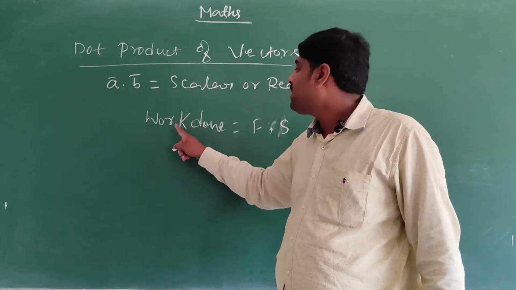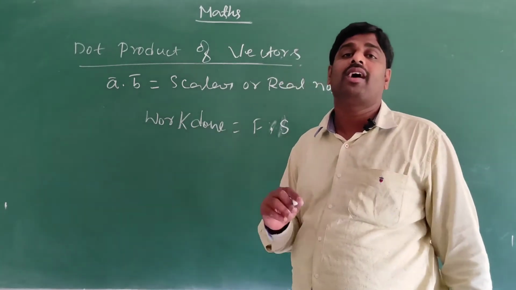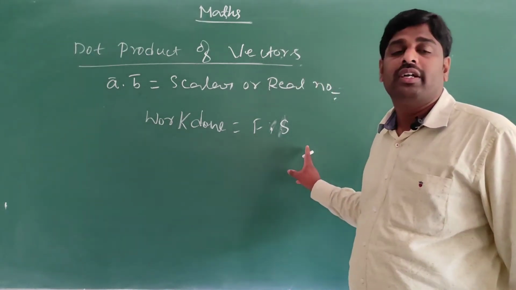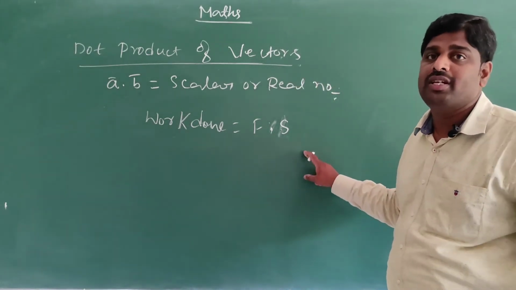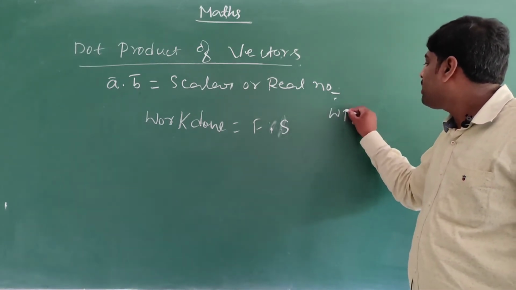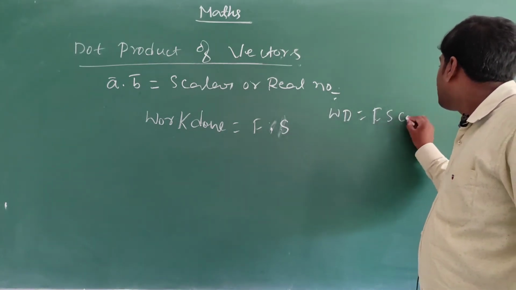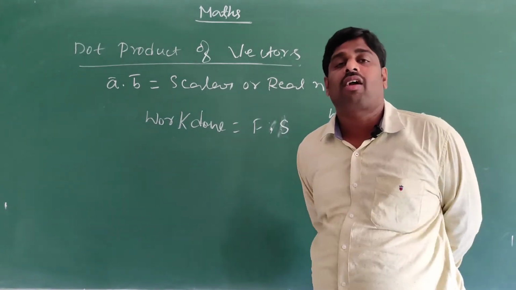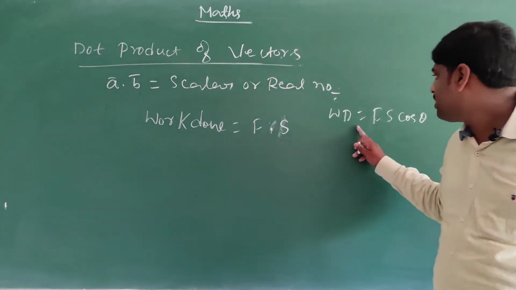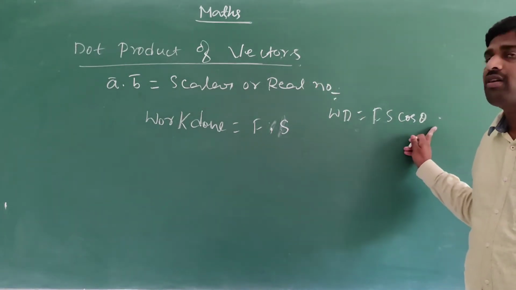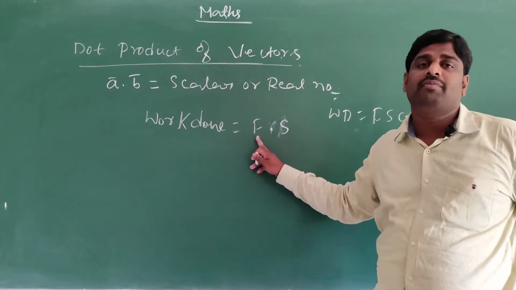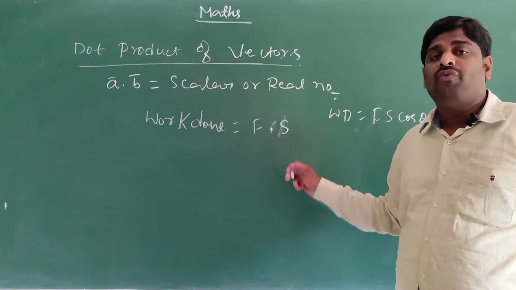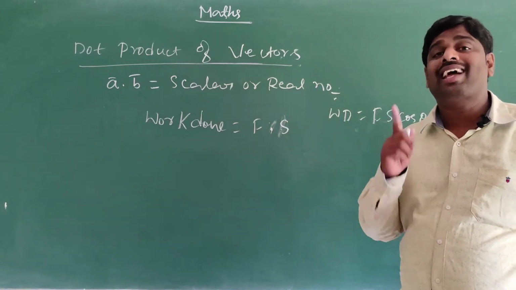What is meant by work done? When work is done, it is called work done. Here work done is force into displacement. According to physics, work done equals Fs cos theta, where F is force and S is displacement. When rotational motion comes, sine angle will come.